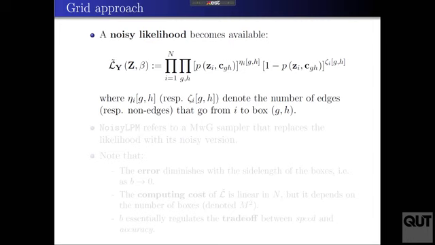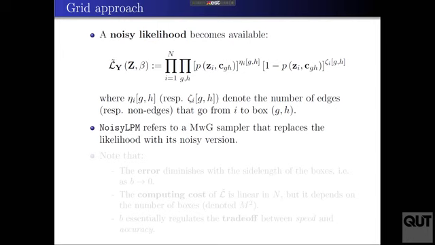So we're essentially clustering the nodes in some way so that we don't have to reevaluate the distance too many times. In practice, what we want to do is the Metropolis within Gibbs using the noisy likelihood.